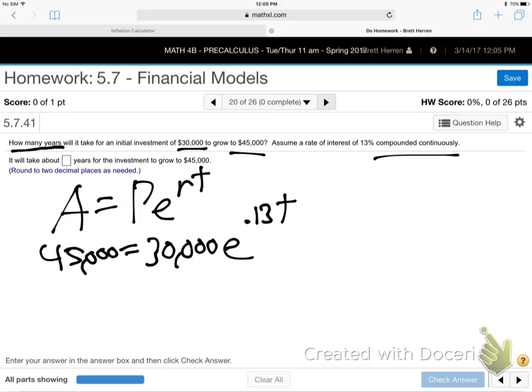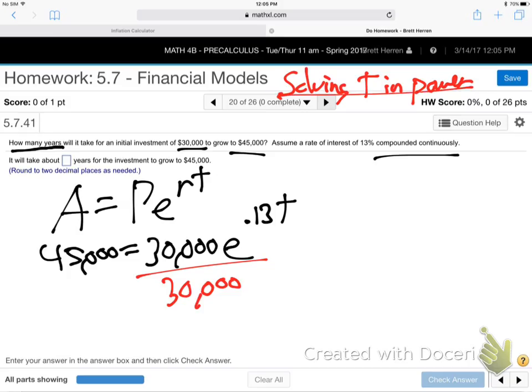We have to get rid of that 30,000, right? So you always have to get the base. Whenever you're going to do the ln, maybe I should mention that. Let me write it up here. When solving for t, which is in the power zone, step 1, get the base alone, and then ln both sides.